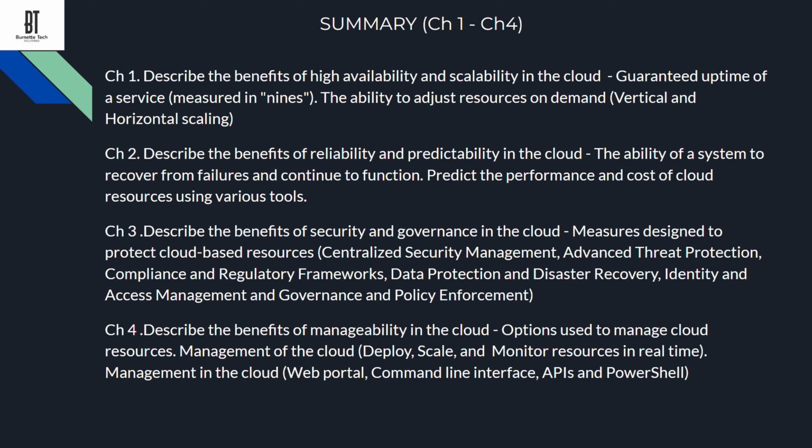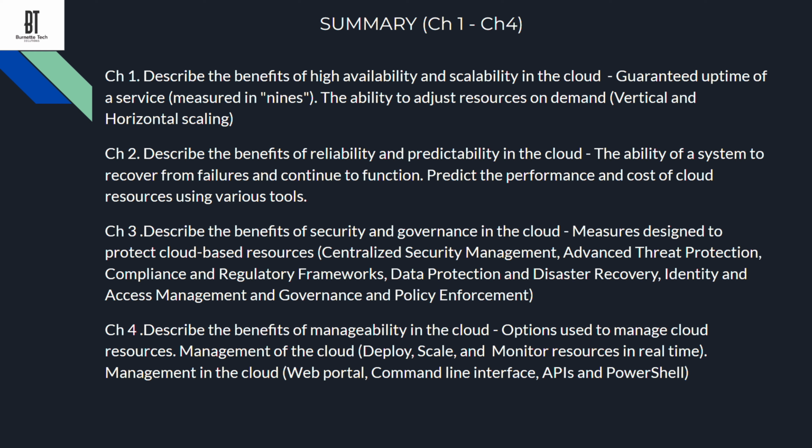In chapter 3, to describe the benefits of security and governance in the cloud, we looked at the measures designed to protect cloud-based resources. There are several measures: the central security management, advanced threat protection, compliance and regulatory frameworks, and we looked at each of these in turn.